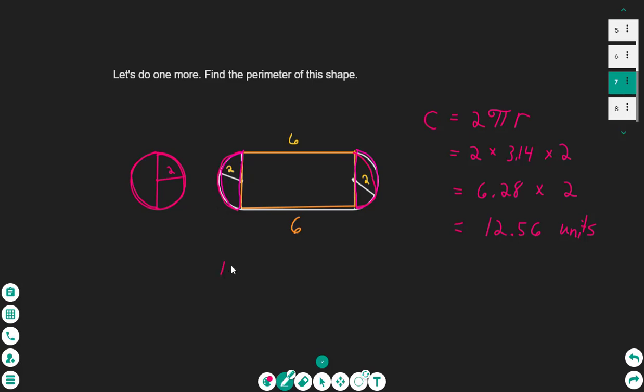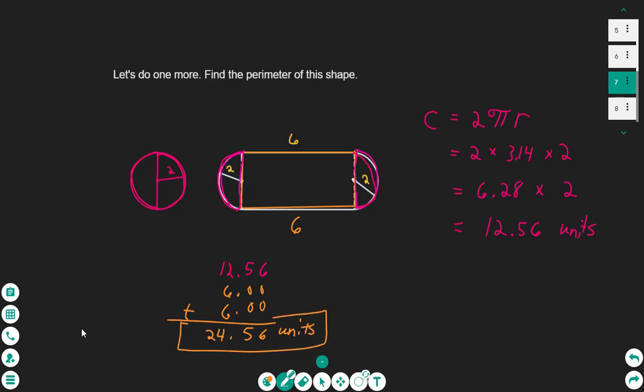So we have to take our 12.56 and add that to our 6.00 and our other 6.00. And if we add all of that up, we end up with our 24.56 units. So that is our perimeter.